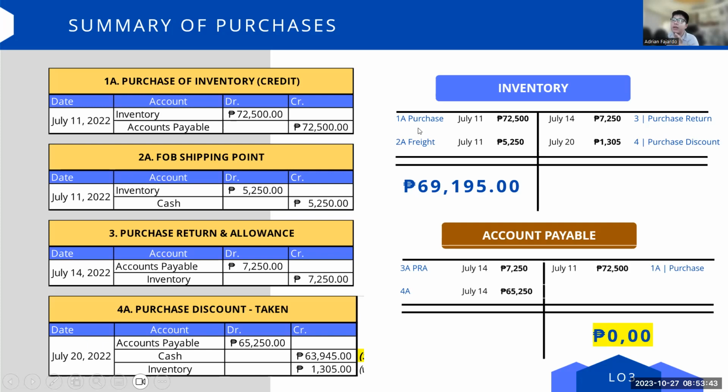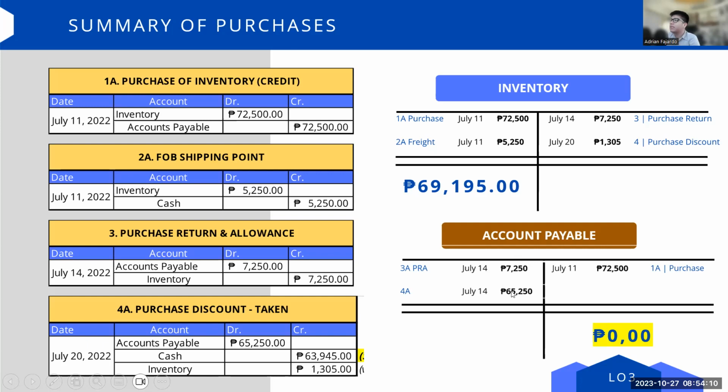Another important thing na I want you to master is that for every batch of inventory, meaning batch 1 is 72,500, meron kang corresponding accounts payable na 72,500 na once nabayaran mo, should be zeroed out. Meaning, 72,500 yung purchase, pero ano nagpapababa dun sa utang mo? 7,250 na PRA.